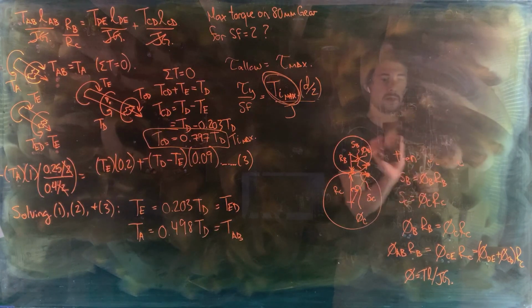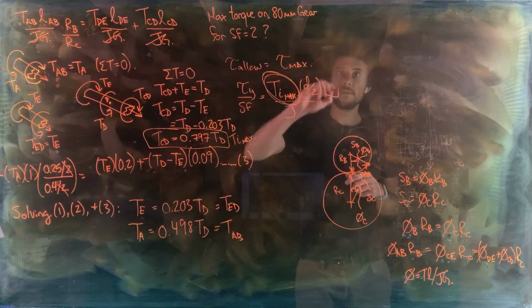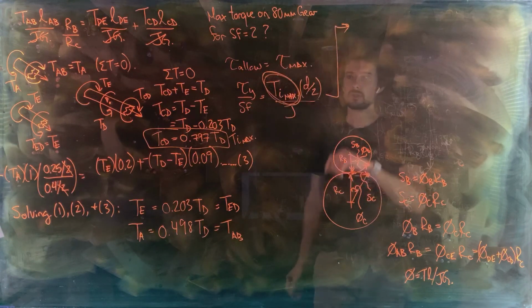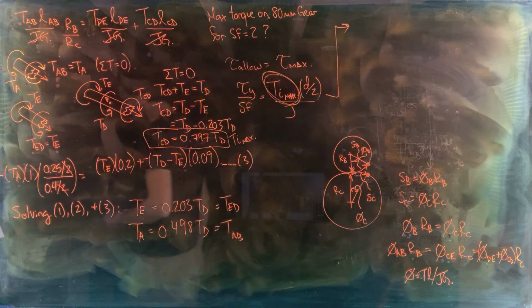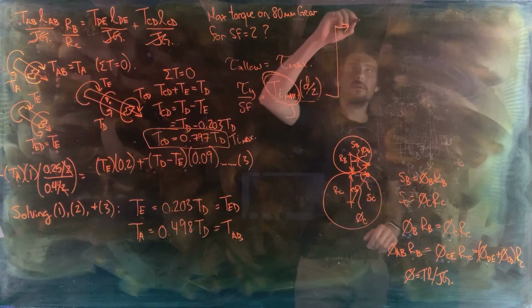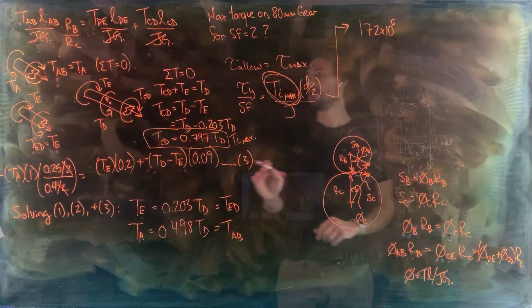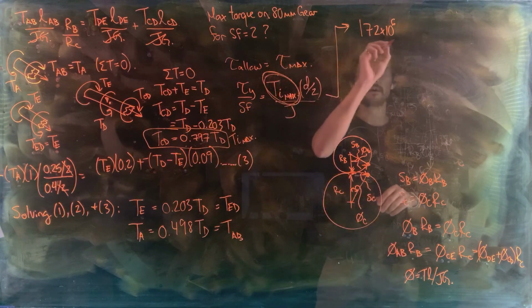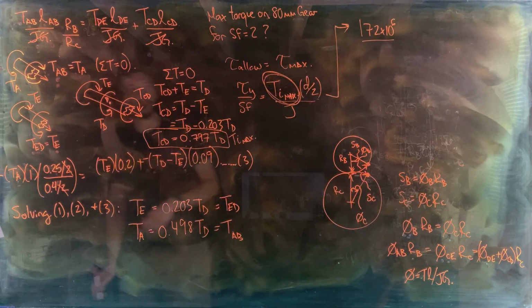So let's go ahead and do that. Bring this equation up to this line here. We've got the yield strength for the shafts, which we were told was what? 172 megapascals. 172 times 10 to the 6 divided by our safety factor, which was 2.